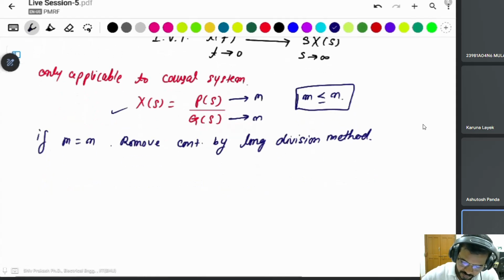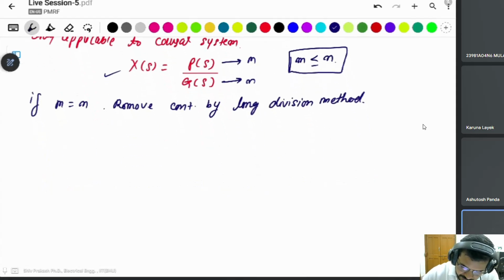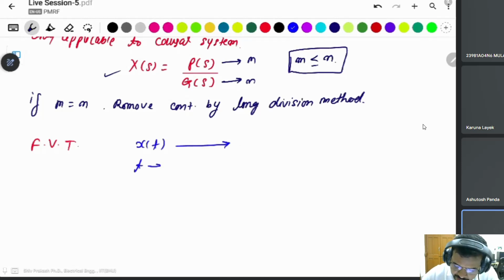Okay. For the final value theorem, x(t) as t tends to infinity. Infinity means steady state. Final value theorem means at infinity. If t is equal to infinity, then in the frequency domain s will tend to 0. Same thing, x_ss, but s tends to 0. This is the final value theorem.